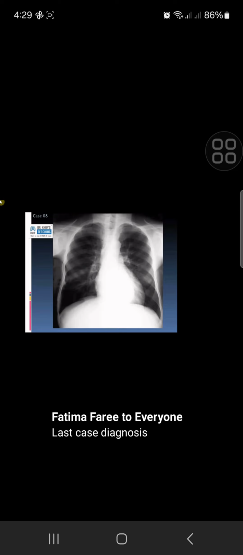To me, it looks like an older patient, sort of middle-aged. Can you see any costal cartilages calcified? No, not really. Okay, so this is a young patient. So in that case, this would suggest that there might be a posterior mediastinal mass.